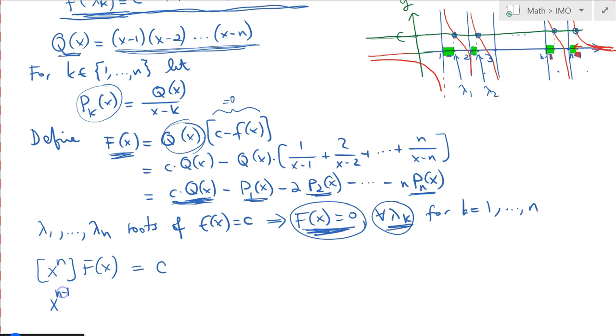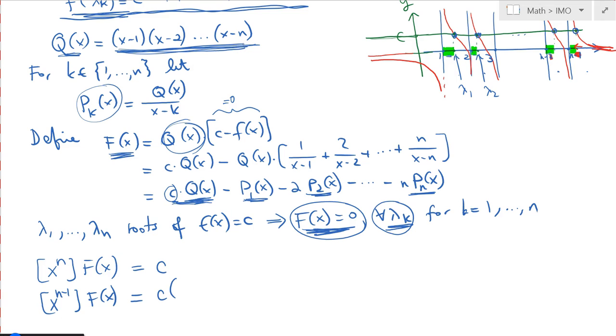Similarly, the coefficient of x to the n minus 1 in the polynomial f of x would simply be equal to, the way I will do it is, again, we have c times the coefficient of x to the n minus 1 in q of x.